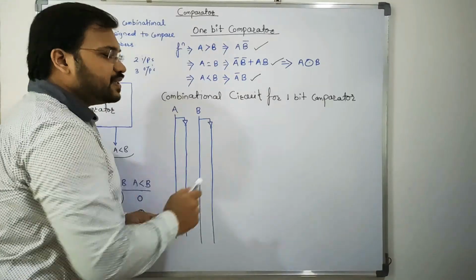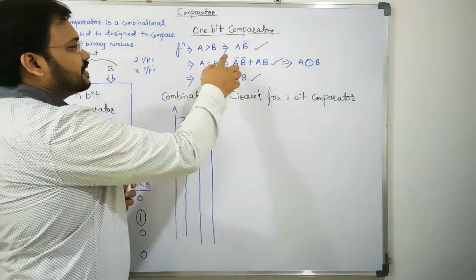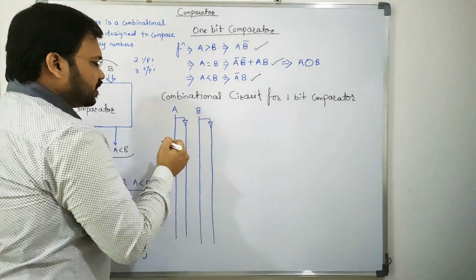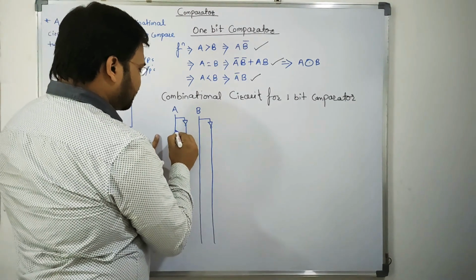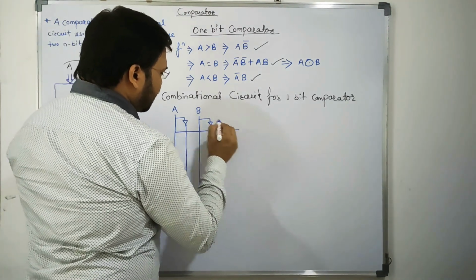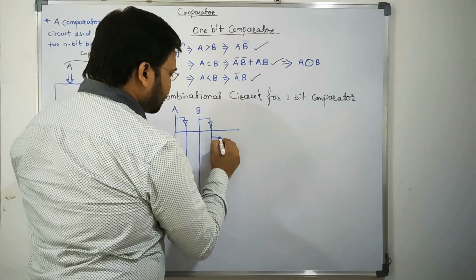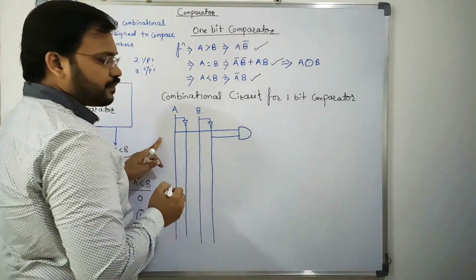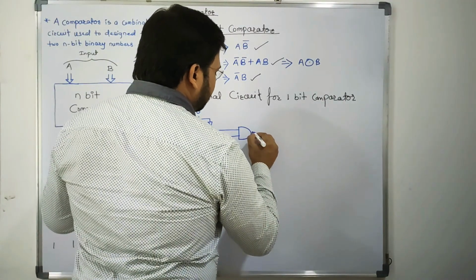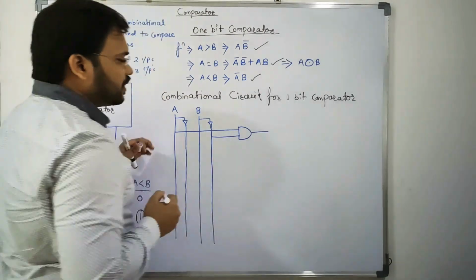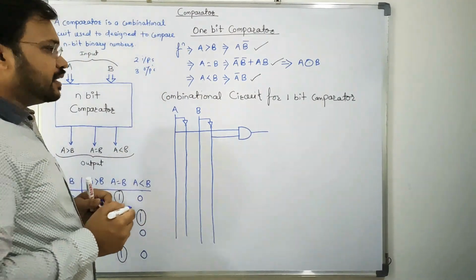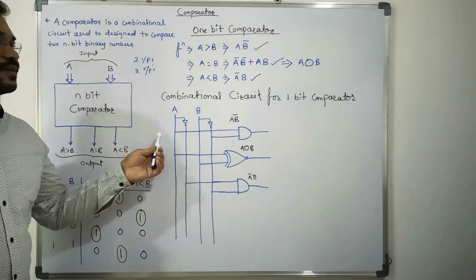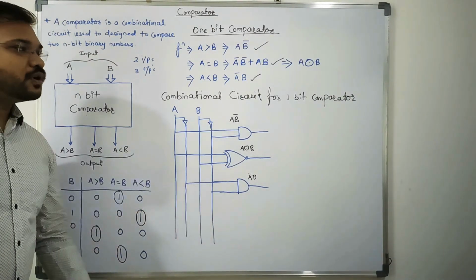The first equation is A B bar. To draw it, we take A and B bar and connect them to an AND gate, giving A B bar. In this way we can draw the combinational circuit for the 1 bit comparator.